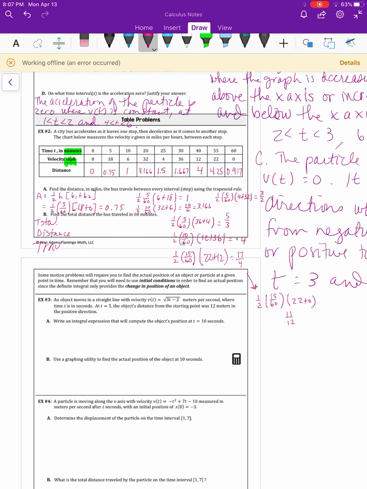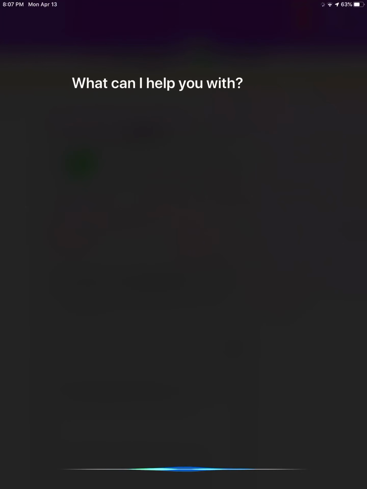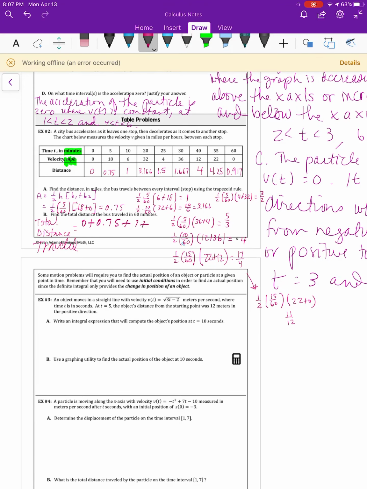So your total distance traveled is going to be adding up all of those values. So the 0 plus 0.75 plus 1 plus 3.166 plus 1.5 plus 1.667.